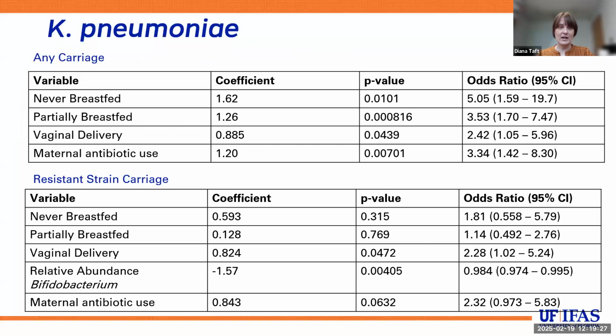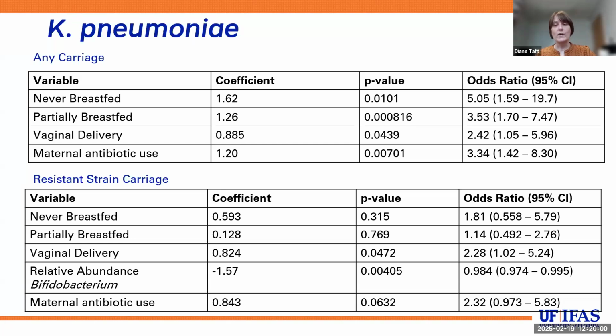For Klebsiella pneumoniae, again, you saw higher risk of carriage with never breastfeeding, and you saw higher risk of carriage with partially breastfeeding, vaginal delivery, and maternal antibiotic use. So maternal antibiotic use during delivery or during pregnancy was associated with infant carriage of Klebsiella pneumoniae.